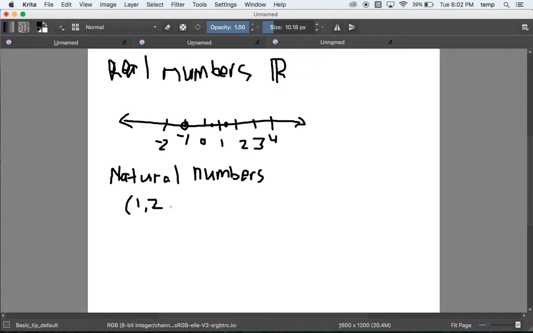The triple dot means all the way to infinity. It does not count 0, and it's only integers, so positive integers. There's not going to be a half or decimals in it. Just your counting numbers, 1 through infinity.